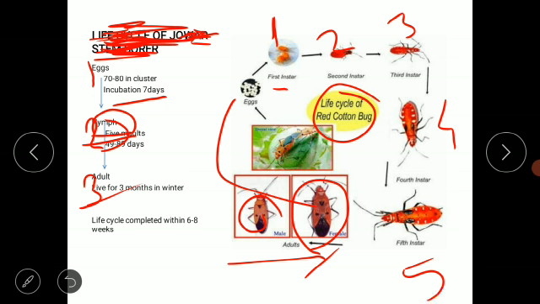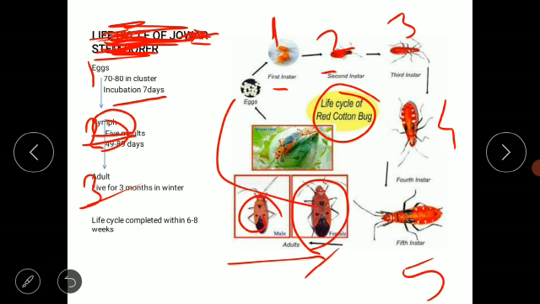So one by one, the first nymphal instar undergoes the process of molting or ecdysis. Molting means what? Removal of old skin. Here the first nymph, when it undergoes molting, produces the second nymphal instar.